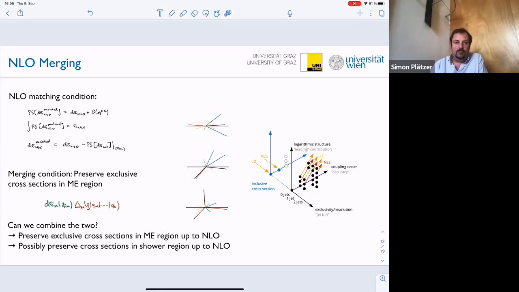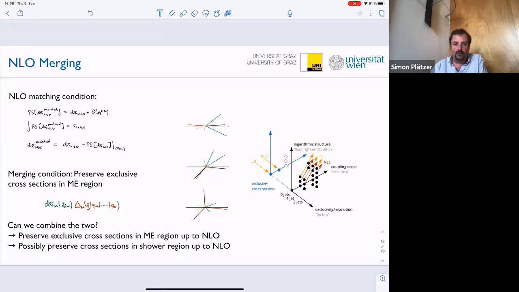And now we want to ask ourselves, how can we combine them and make this even better in a way that we produce the next to leading order cross-section for this n-jet configuration. Now it's clear that I don't have a one-to-one correspondence between an n-parton matrix element and an n-jet cross-section.